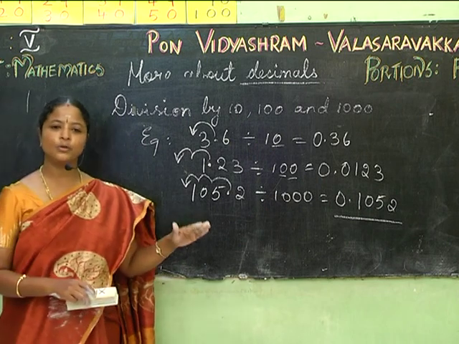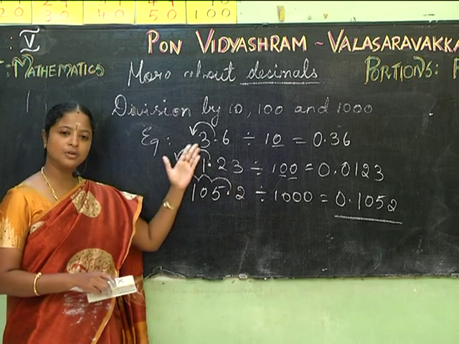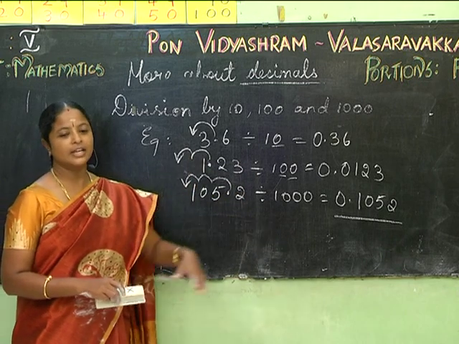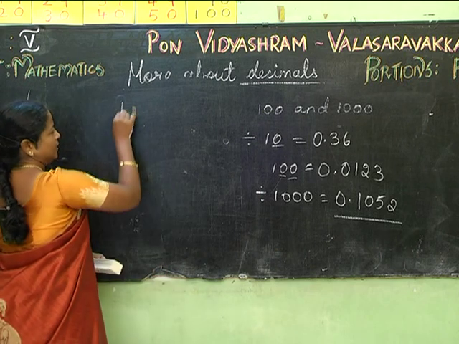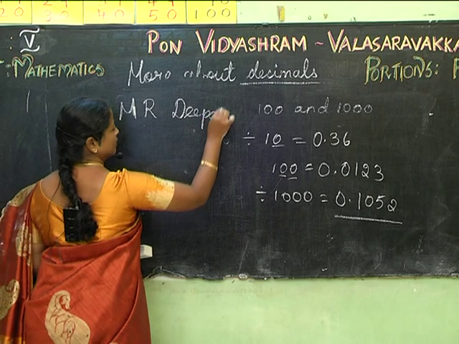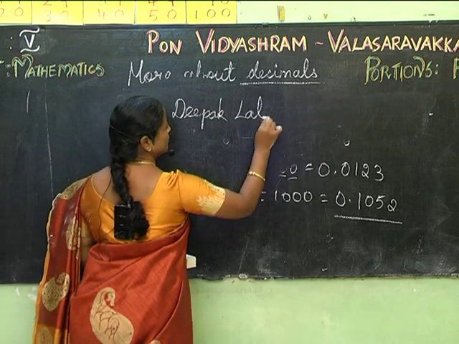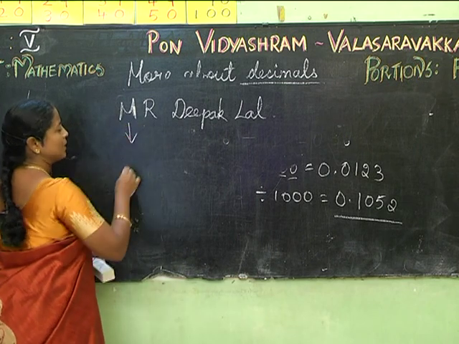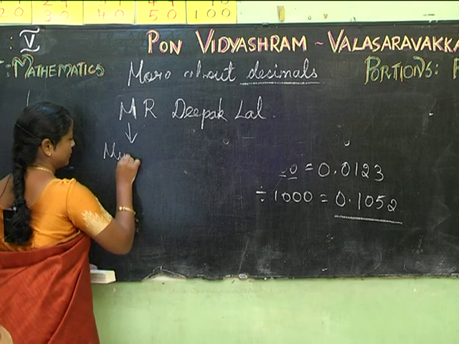Here there is a short way to remember whether you are going to move it towards the right or towards the left. It is called Mr. Deepak Lal. You can keep this: multiplication, move right.